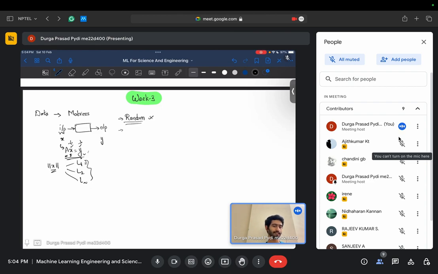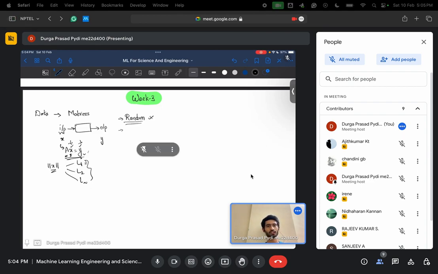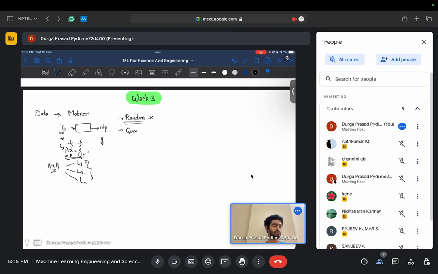For the present context, our idea is essentially to quantify uncertainty. How do we quantify the uncertainty? Say you take the example of a weather forecast, which may be an easier example.